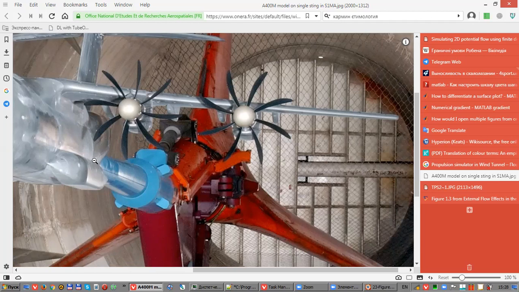In Antonov, we have wires, and these wires are connected with a mechanical system, and these wires add drag and add turbulence in the flow.